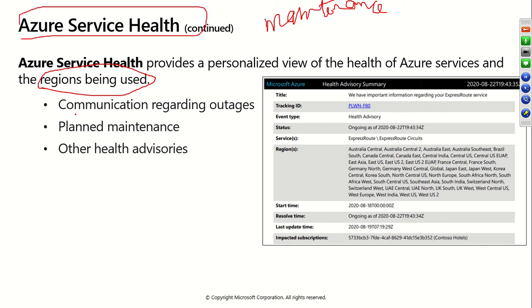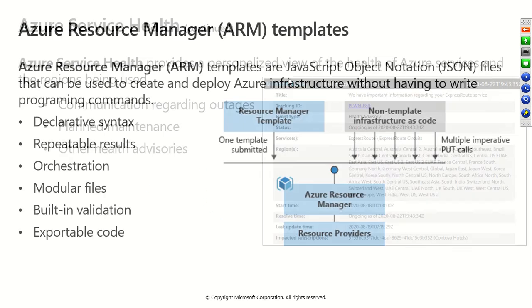You get communication about when there will be a downtime, about the planning that Microsoft has relating to maintenance, and you also get information about how you can ensure you don't have a downtime.